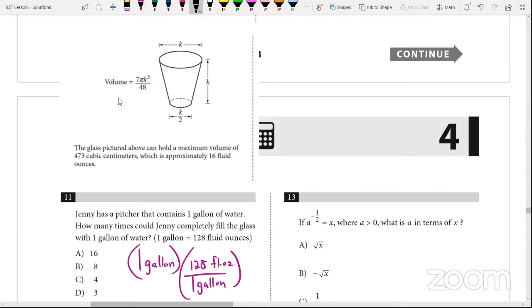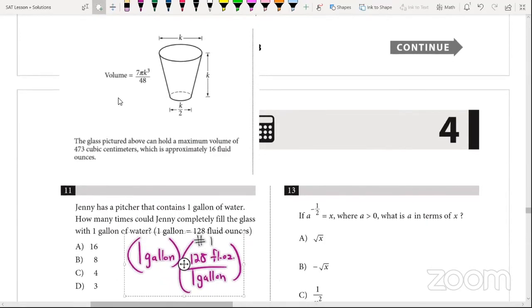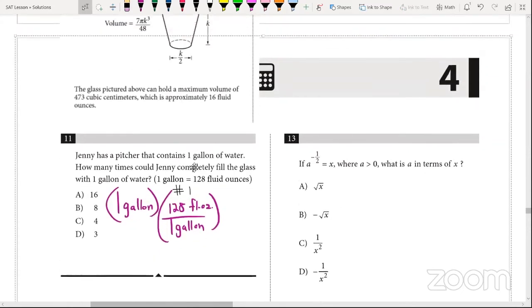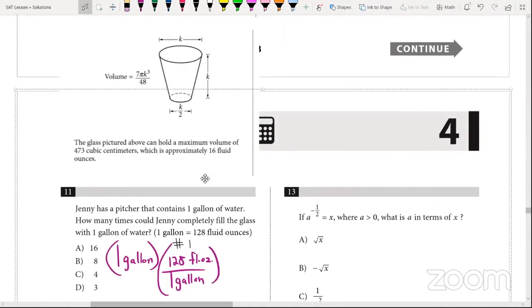Now, like we always say, this fraction here is equal to the number 1, because if 1 gallon is equal to 128 fluid ounces, then all we have there is a fraction with the same values on the top and on the bottom. So that's just the number 1. And we're allowed to multiply something by the number 1 because when you multiply by the number 1, nothing happens, right? So we're allowed to do nothing.